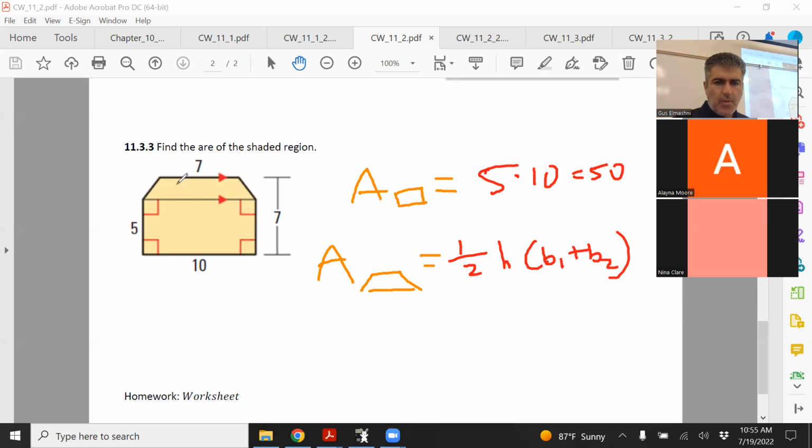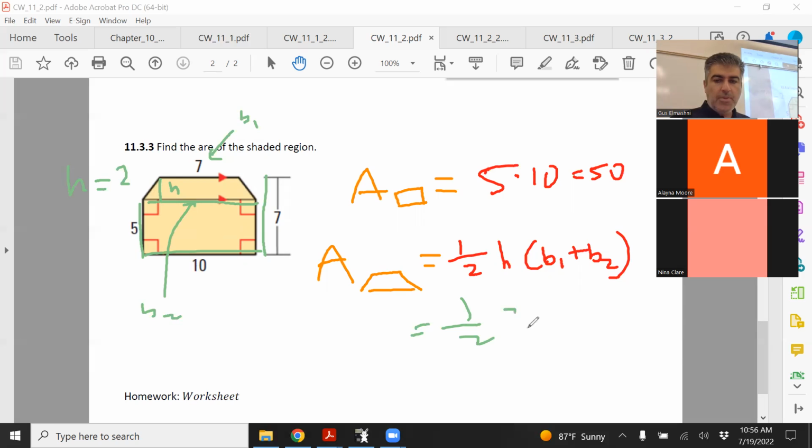Okay, so what do you think this h would be right here? If it's 7 from here to here and 5 from here to here, what would h equal? 2, perfect. And if one of the bases is 7, I'll call this b1, then what would b2 equal? If that's 10, this has to also be 10. There we go. Not that hard.